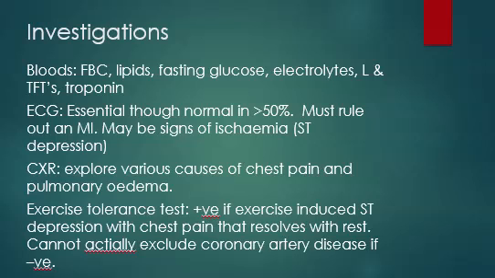Liver function tests are also useful. And also, like I explained, thyroid function tests, because of the potential for thyrotoxicosis to cause stable angina, atrial fibrillation, that kind of thing.